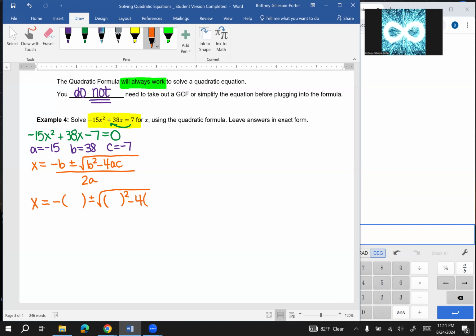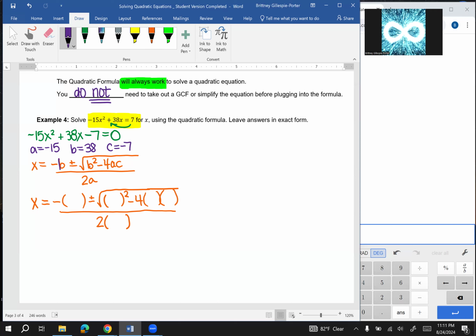The minus 4 will not change, and neither will the 2. So everything in orange is going to be the same every time we plug into the quadratic formula. We just need to plug in our values now.